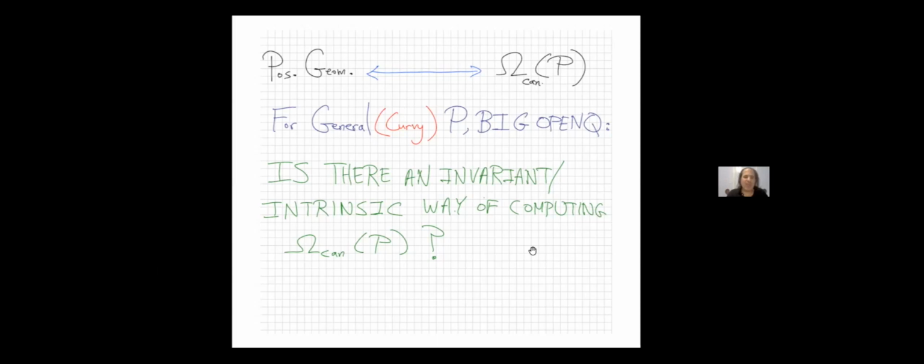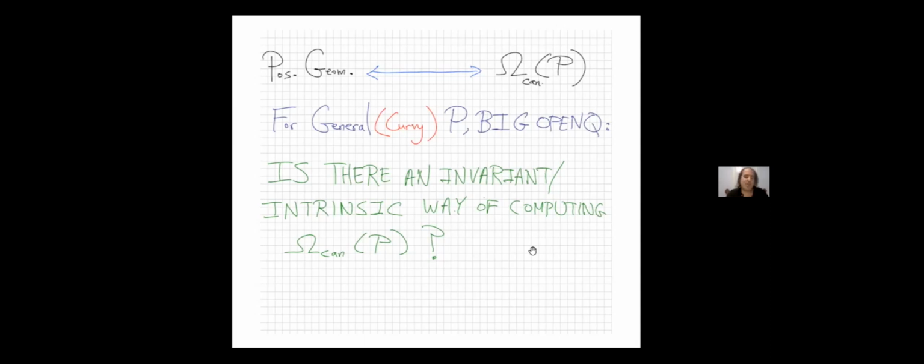But for a general curvy positive geometry like the amplituhedron, the very big open question in this business for a long time has been, is there some invariant intrinsic way of computing this canonical form? The one way we know of is to learn how to triangulate the surface and add up the canonical forms of the little pieces when they're simple, but that's not very satisfying, obviously.